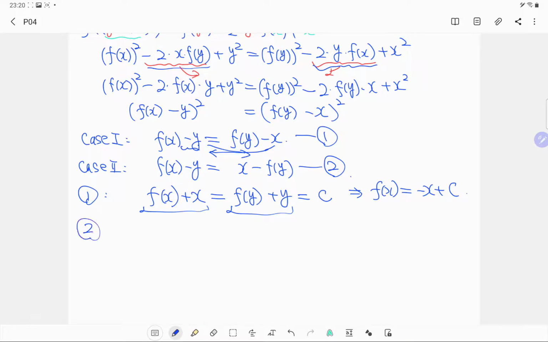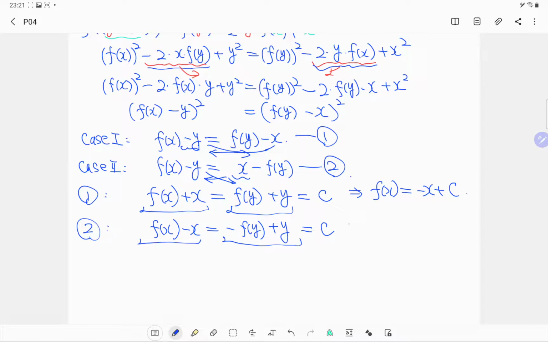And for the second one, similarly, we can move x to the left hand side and y to the right hand side. So we have f(x) - x equals -f(y) + y. The left hand side is a function of x and the right hand side is a function of y, so they should be independent of x and y and equal to a constant.